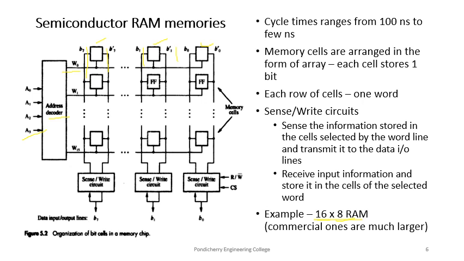These bit lines are connected to the sense write circuit. So for each bit we have 2 bit lines and one sense or write circuit. This is the basic structure, and to the sense write circuits the control signals are applied: read write control and chip select control. So these are the control signals.